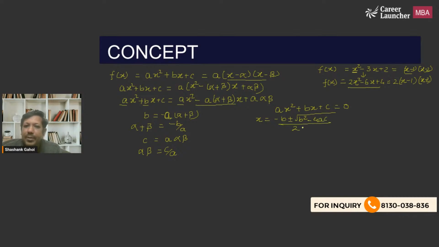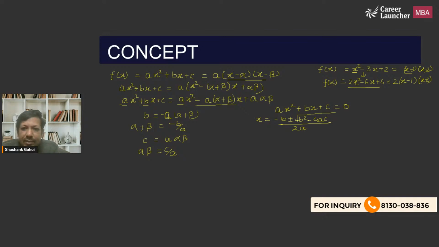So once you take plus, you get one root. Minus b plus root of b square minus 4ac upon 2a is the first root, minus b minus root of b square minus 4ac upon 2a is the second root. So basically this quadratic equation has two roots, and that's what we know.